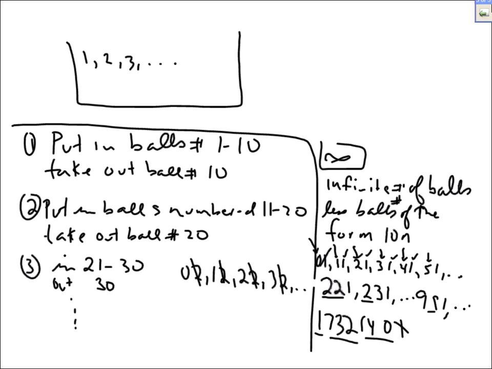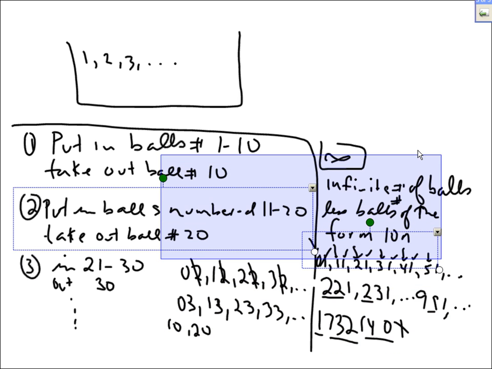That's an infinite set. And we're not including 0, 3, 13, 23, 33, etc. The only ones we're excluding are the ones that end in a 0. It's clearly an infinite set of balls that remain.